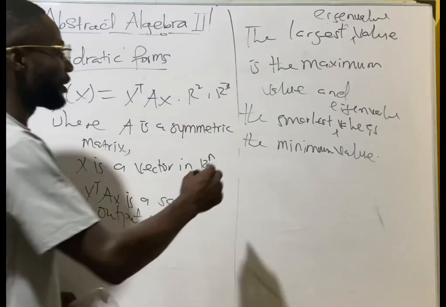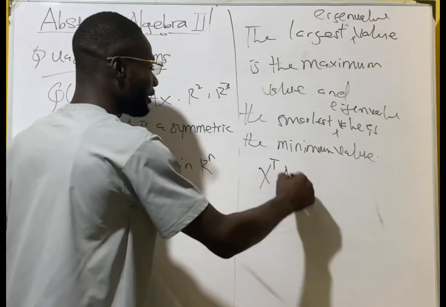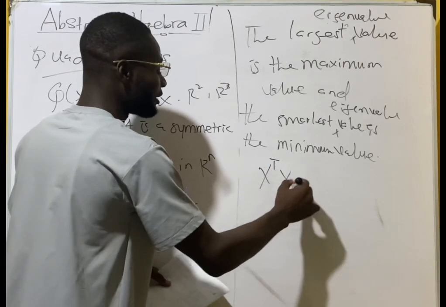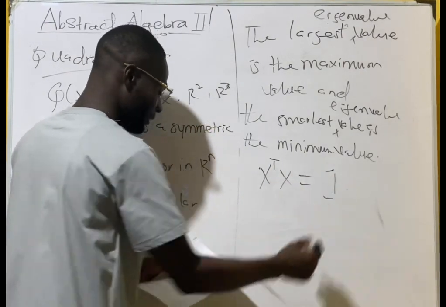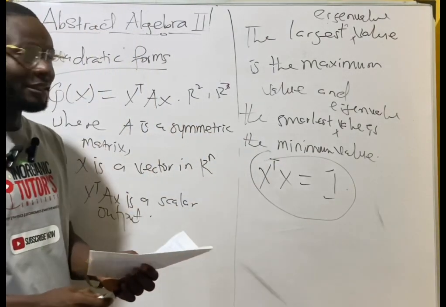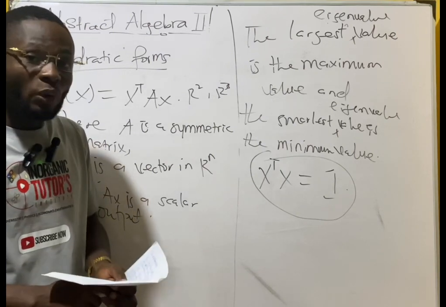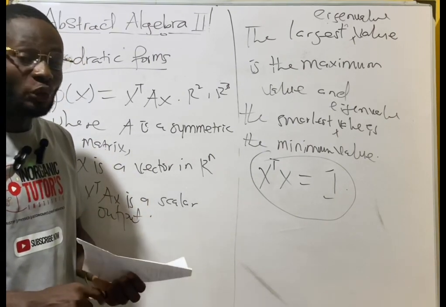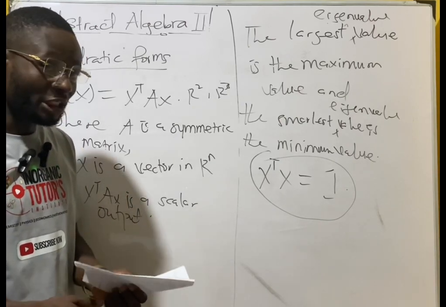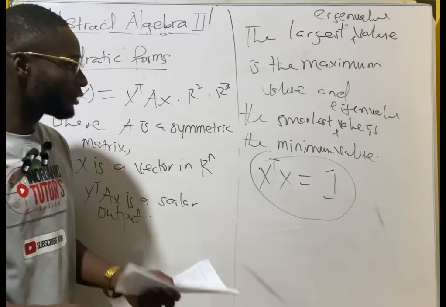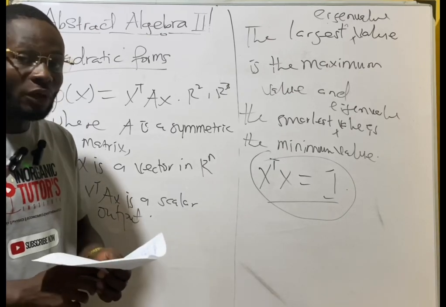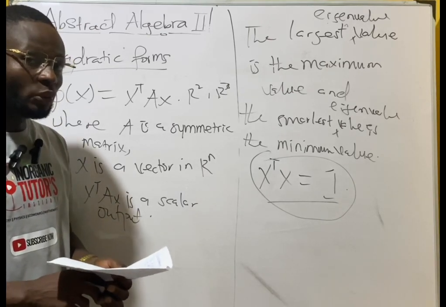For example, with x^T A x, a constraint such as x^T x = 1 basically means that we can only consider vectors on the unit sphere, or what we call the unit circle in two dimensions.